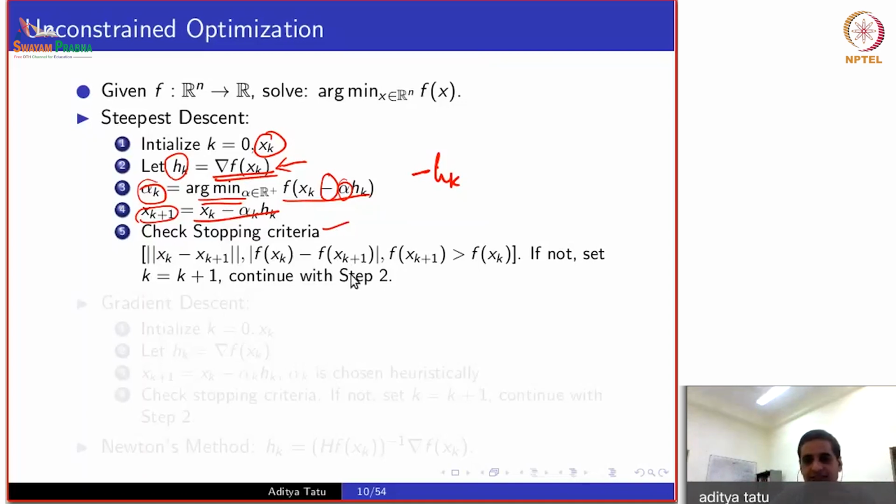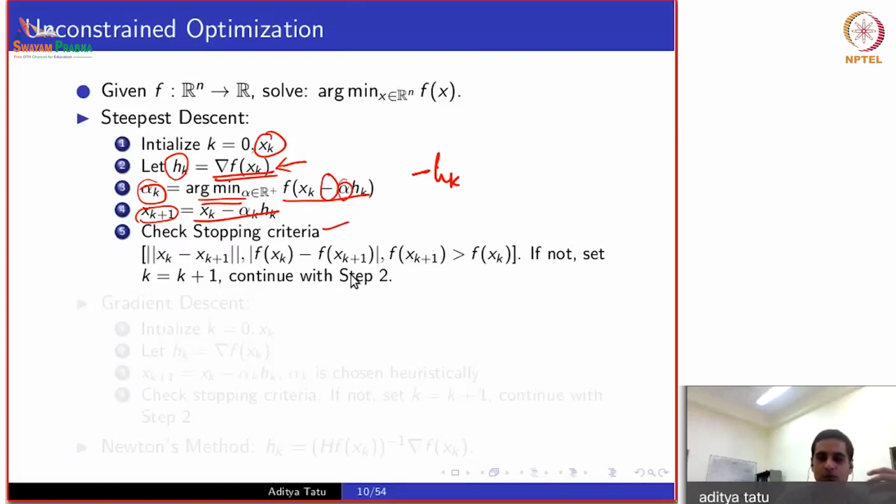If you look at the area around you in a radius of 2 meters, you pick the direction in which there is the most descent, the height decreases the maximum. You go in that direction, you reach a new point, again you have a new visible area. In that area you again look for the direction in which the height reduces the maximum, go in that direction, and repeat.